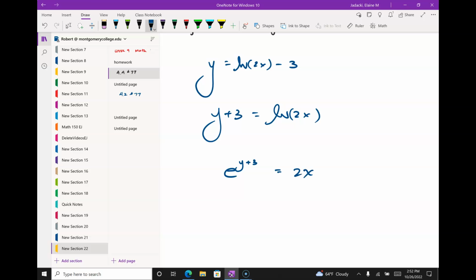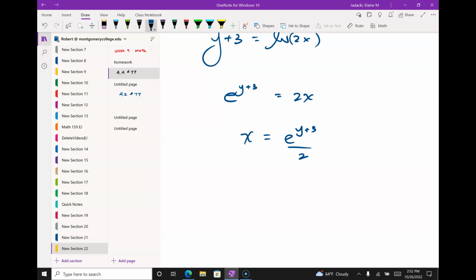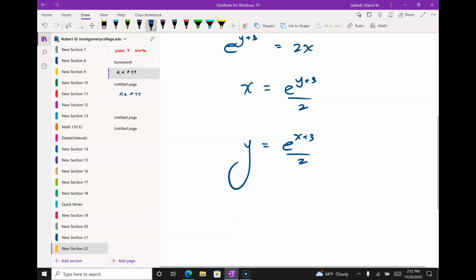I'm solving for x, so x equals e to the y plus 3, all over 2. And I switch my x and y. And that's my inverse. G of x is f inverse of x, which is e to the x plus 3 over 2.